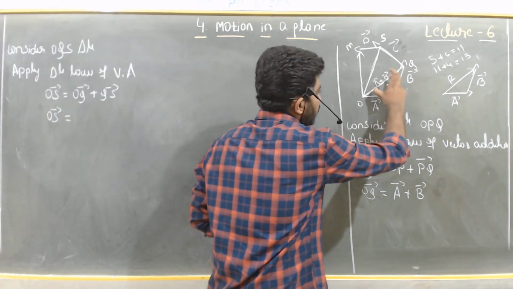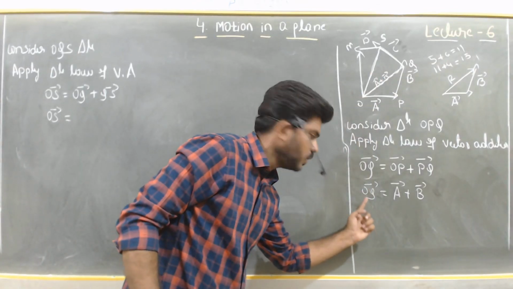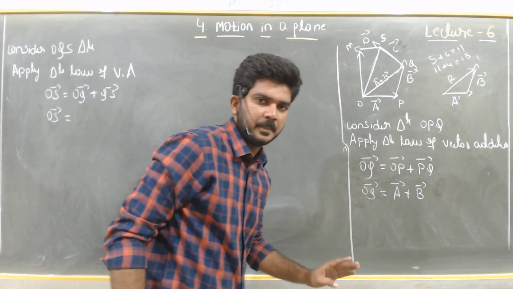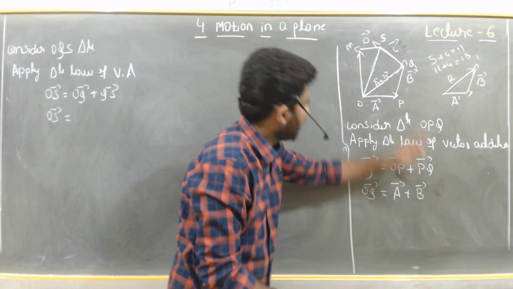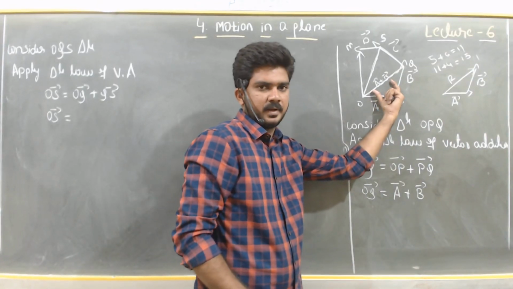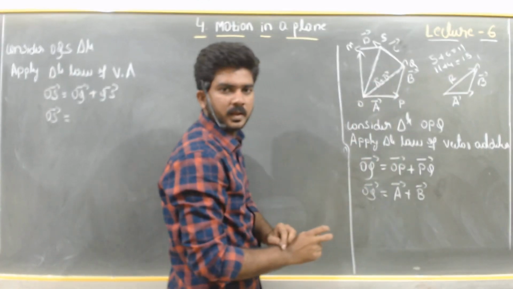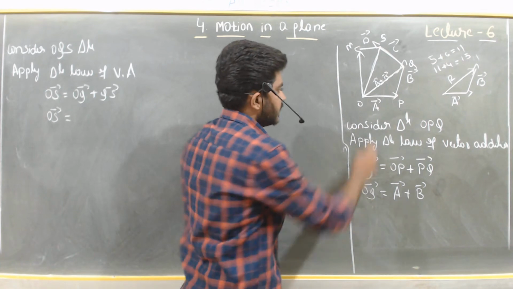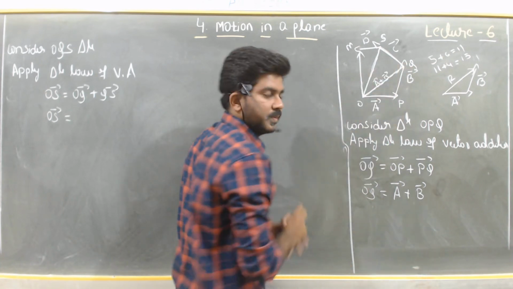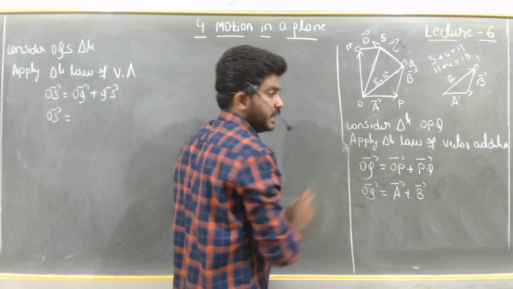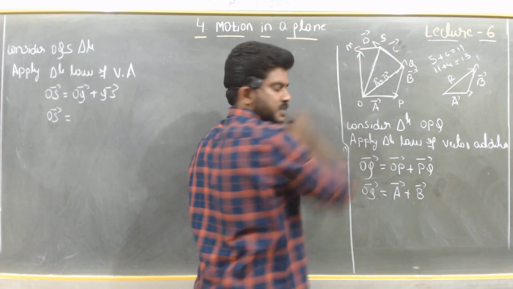So OS vector is equal to OQ, and OQ we have got as A plus B. The result which I have got, I have written in that side. So this is the resultant side for OPQ. OQ is the resultant side of the triangle OPQ. Here OS is the resultant side of OQS.